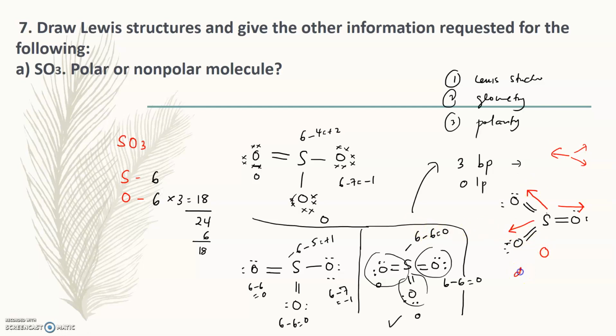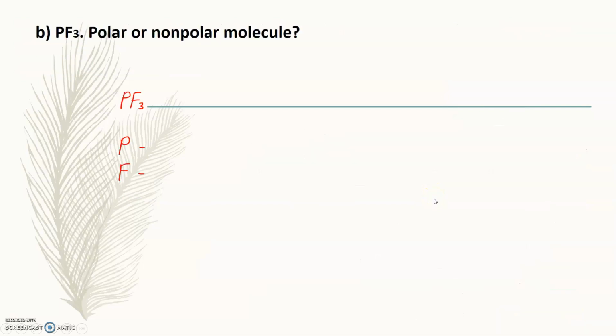Okay, so maksudnya dipole moment can cancel each other. So jadi zero dipole moment, and then the molecule is non-polar. Okay, in one plane, and then the resultant dipole moment ke arah keluar. So zero dipole moment, the molecule SO3 is non-polar.